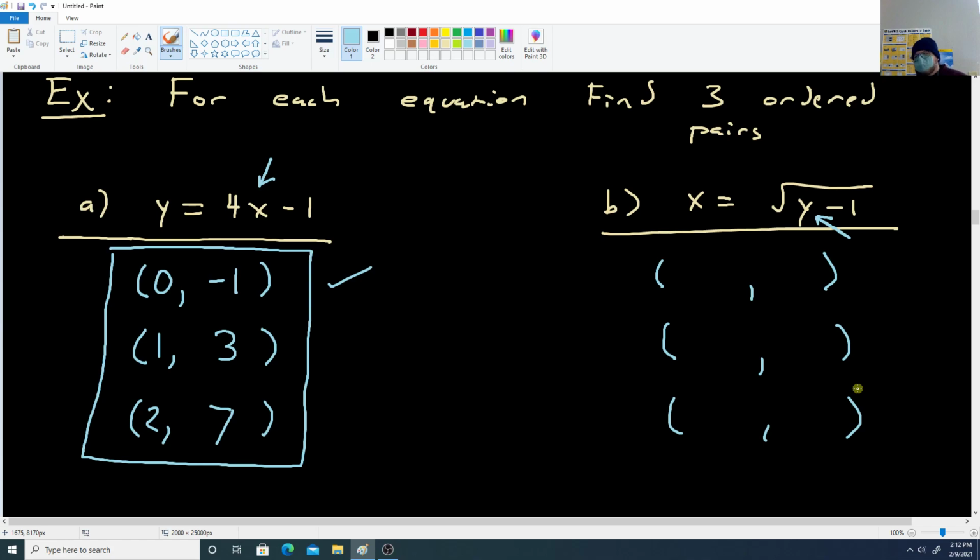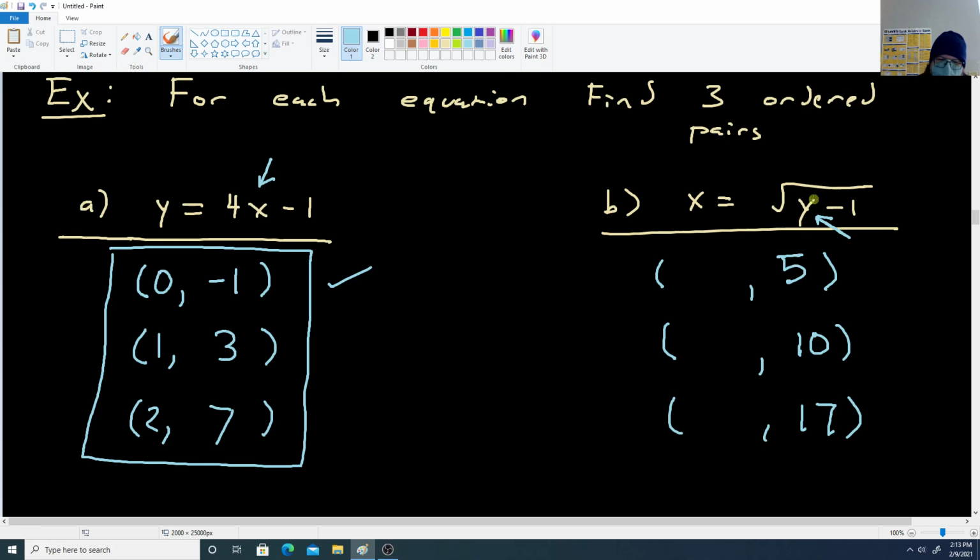You can keep the square root as whatever, but for me, I think it's easier if I choose y so that if I subtract 1, it's a perfect square. So like if y is 5, when I subtract 1, it's 4, and square root of 4 is easy to do. If y is 10, 10 minus 1 is 9, square root of 9 is easy. If y is 17, 17 minus 1 is 16, square root of 16 is easy.